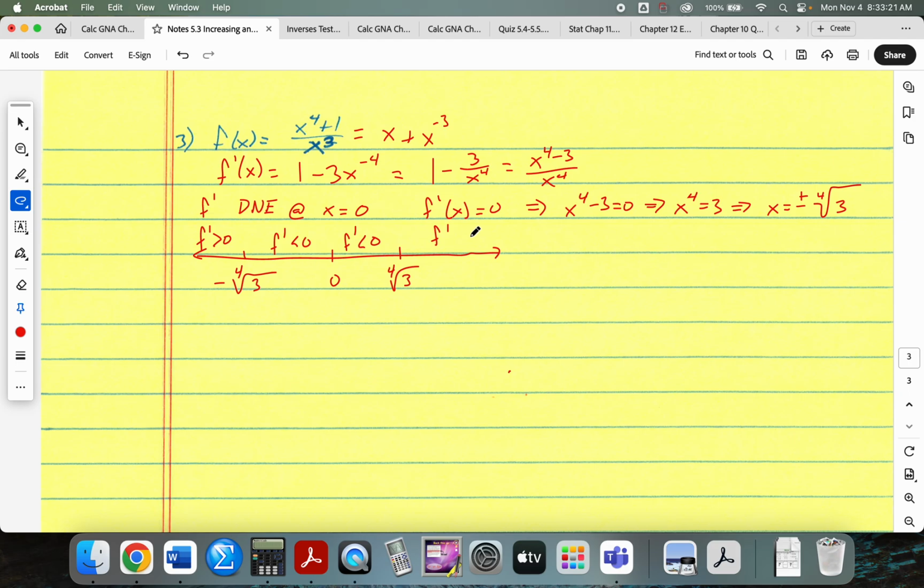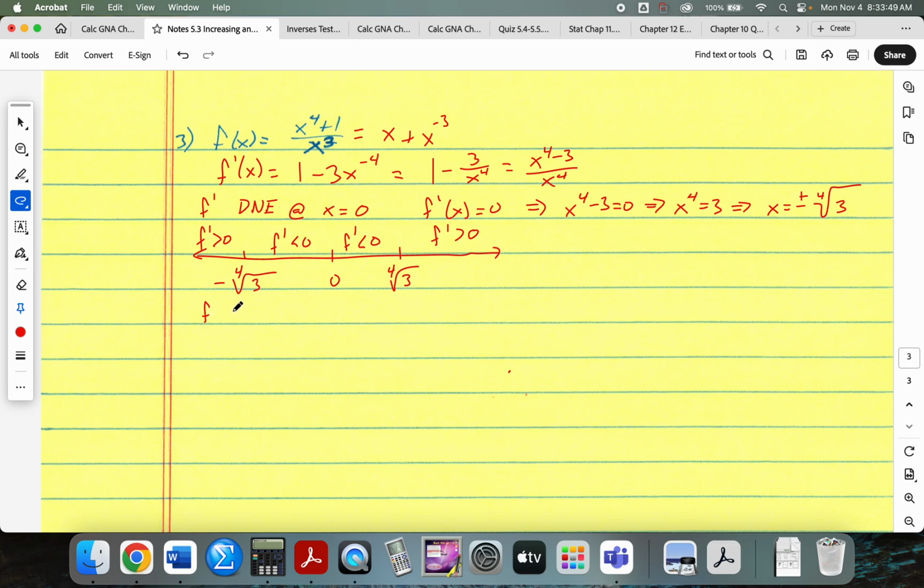So here, if we pick a really big number, we get f prime positive again. And it shouldn't be surprising that this is an even function, because all the powers in this, including the one on the 3, it's x to the 0 power, are all even. So this is an even function. The left side and the right side should look exactly alike.